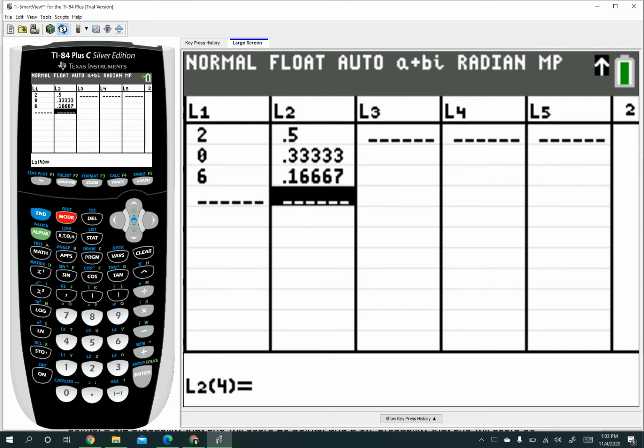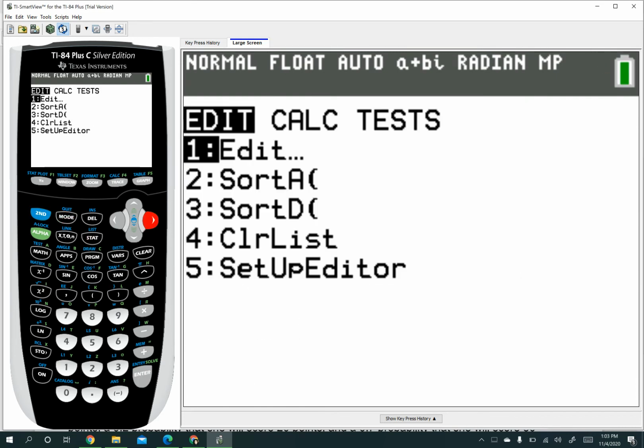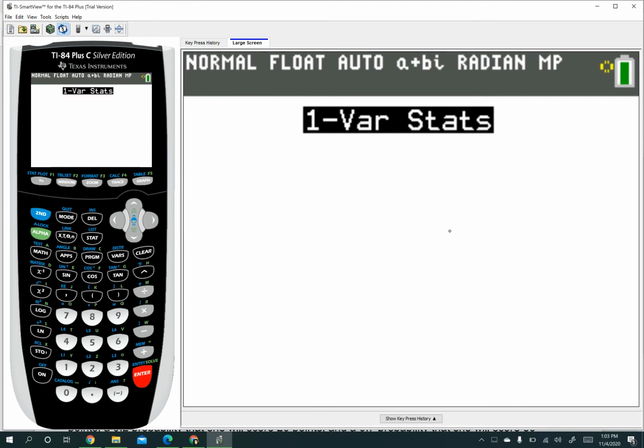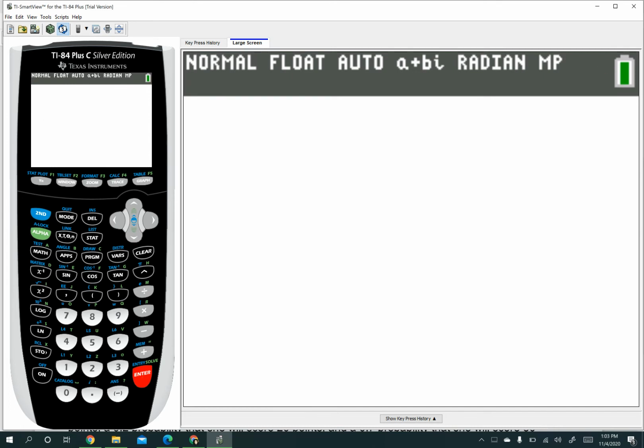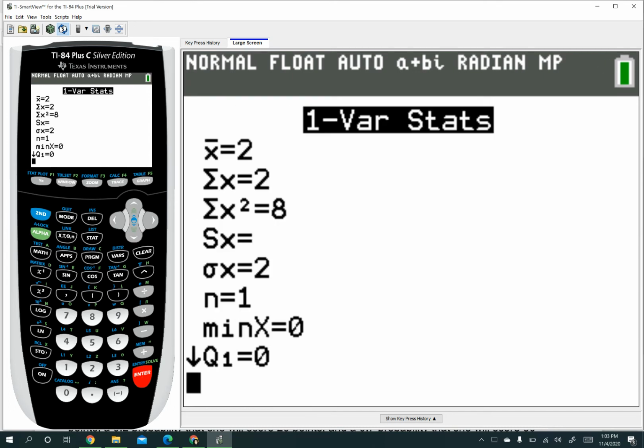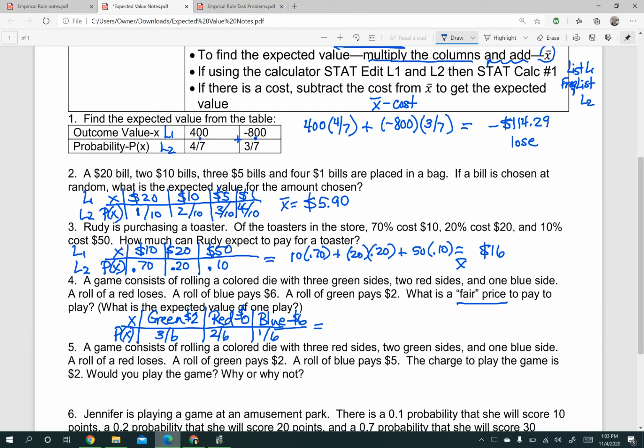And if we stat calc this, one variable stats, L1 and L2, we're going to calculate, and our mean value is $2. So the fair value for this game is $2.